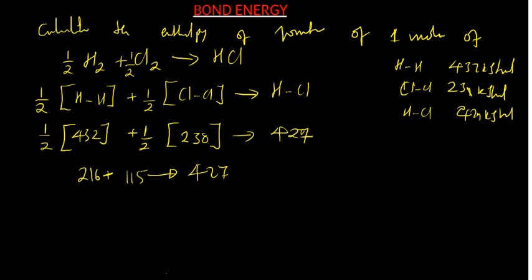Now 216 plus 115, that is 331, and that is producing 427.